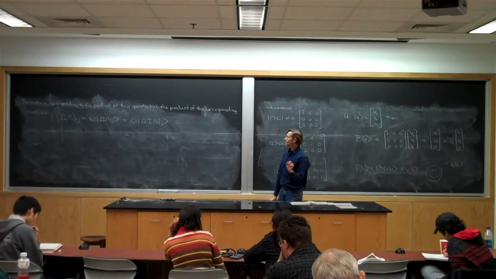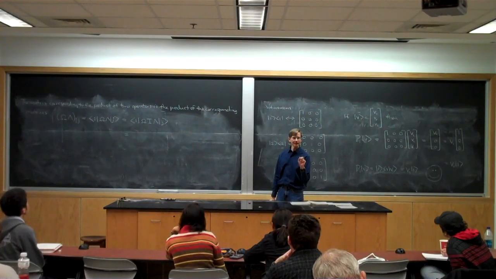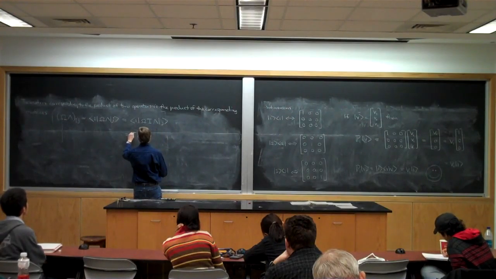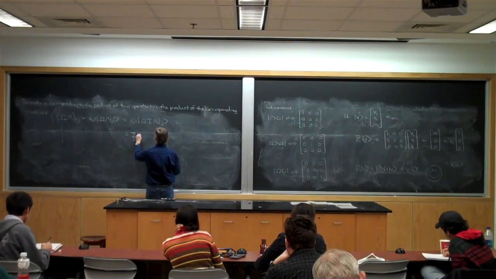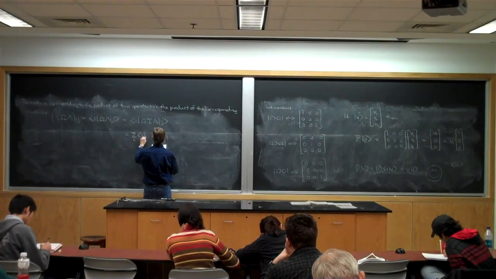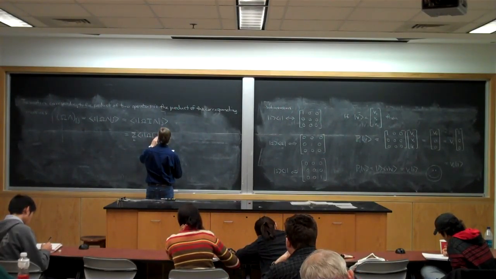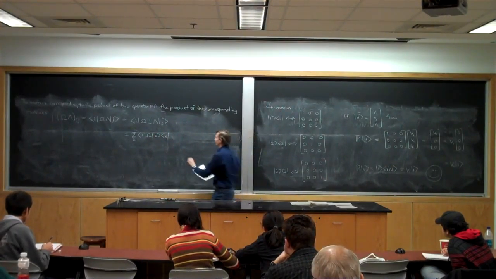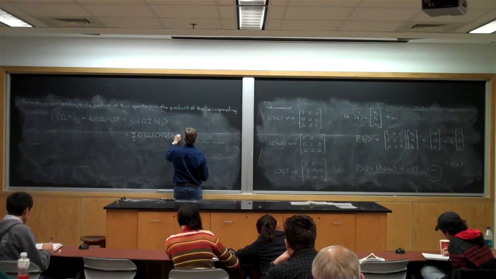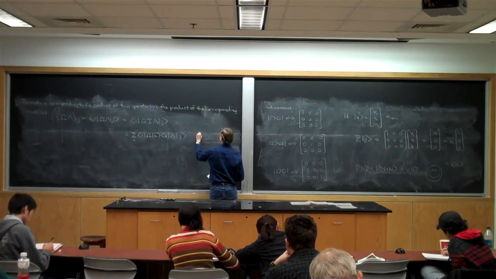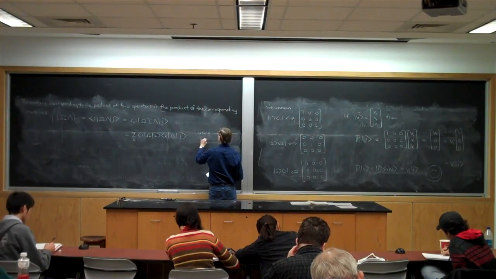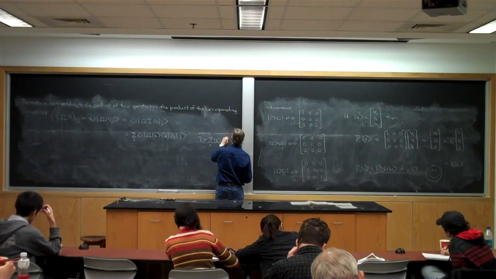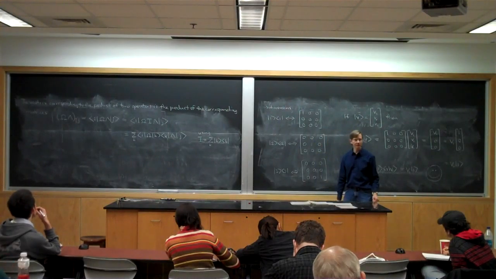But no. What we're going to do is now use the fact that we can write the identity as a sum of projection operators. In other words, we're going to say that this is the sum over k of bra I, omega, ket k, bra k, lambda, ket j, using the fact that the identity operator can be written as the sum of the projection operators for each of the basis vectors.